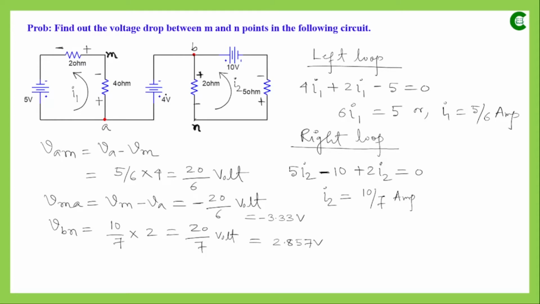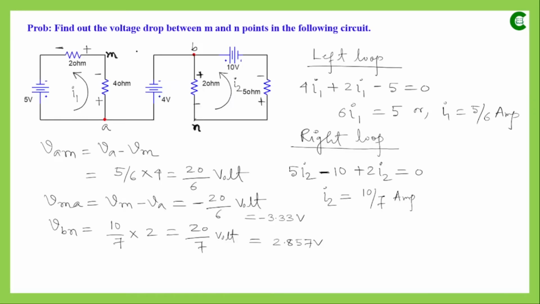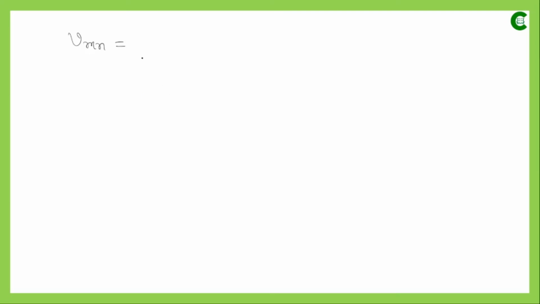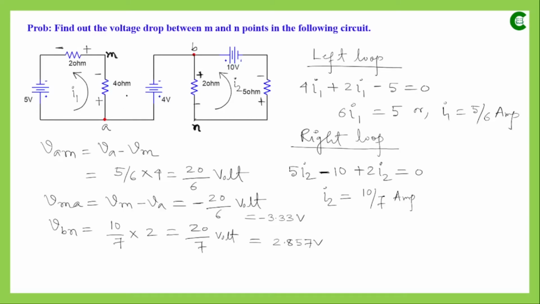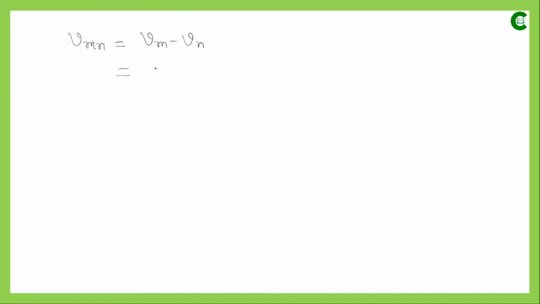Now these two voltage drops we have already found out, and the voltage value of this voltage source is already given. Now what we have to find out is VMN, which we can write as VM minus VN. Now if we rearrange, between M and N there are two more points A and B, so we can write it this way: VM minus VA plus VA.